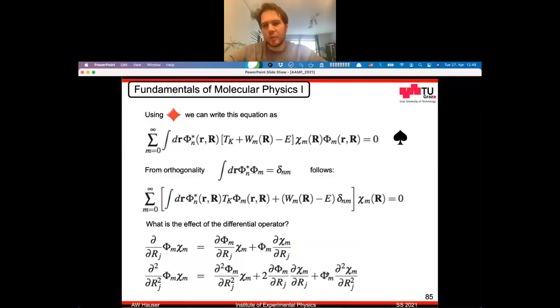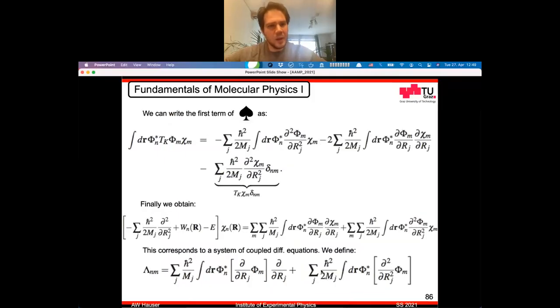Okay, so this is what the second derivative produces. And with this knowledge, we go now back into our formula. What's written there is the kinetic operator acting on this product, as we just looked at, and then multiplied from the left with our electronic state phi n.